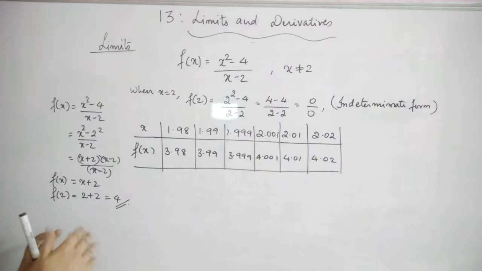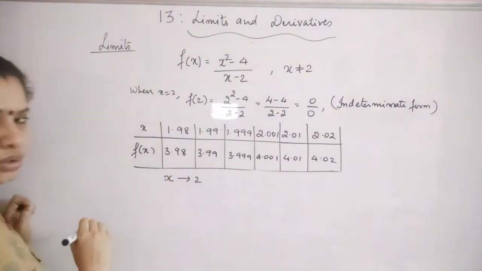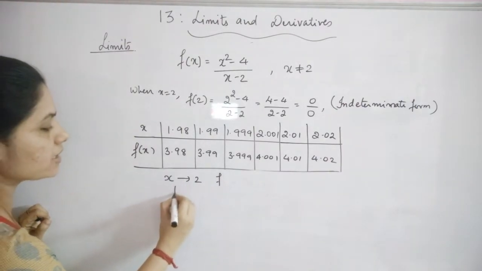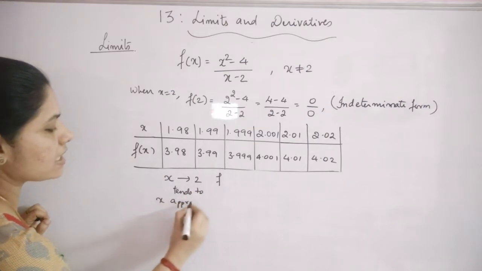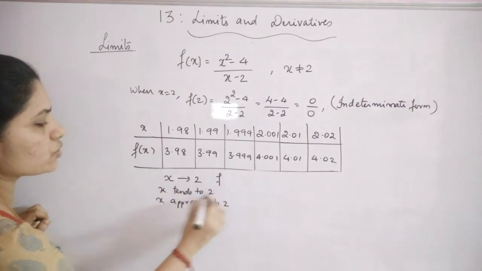as x approaches to 2. Okay, this is the symbol for approaches to 2, or you can say tends to 2.